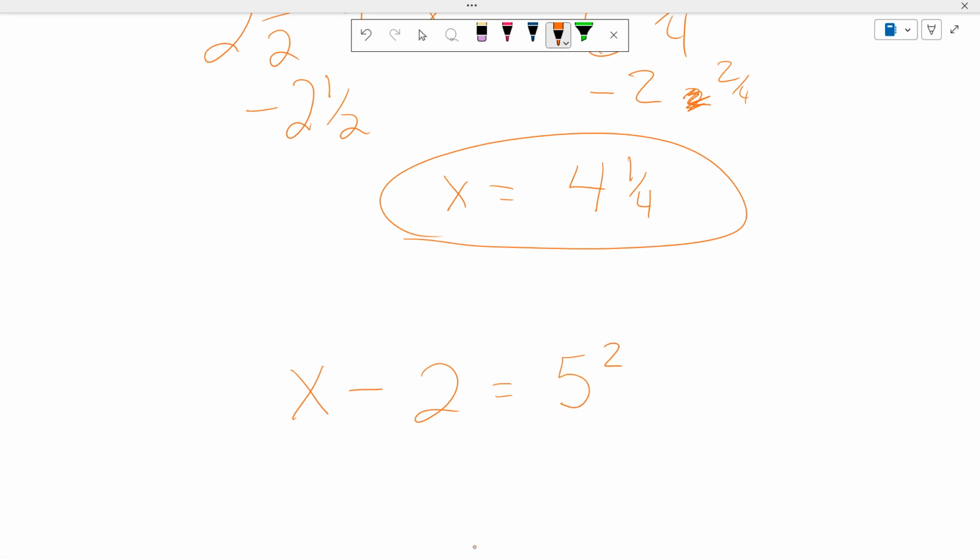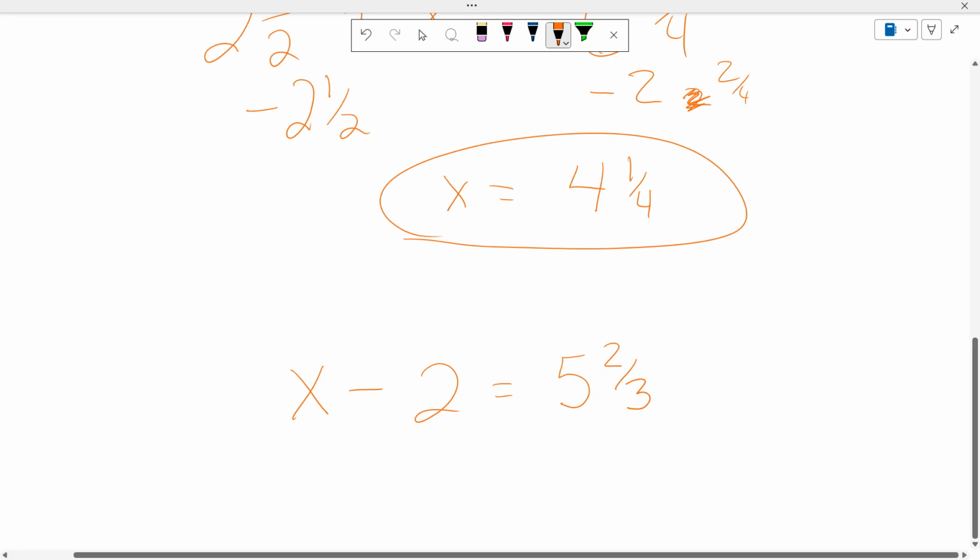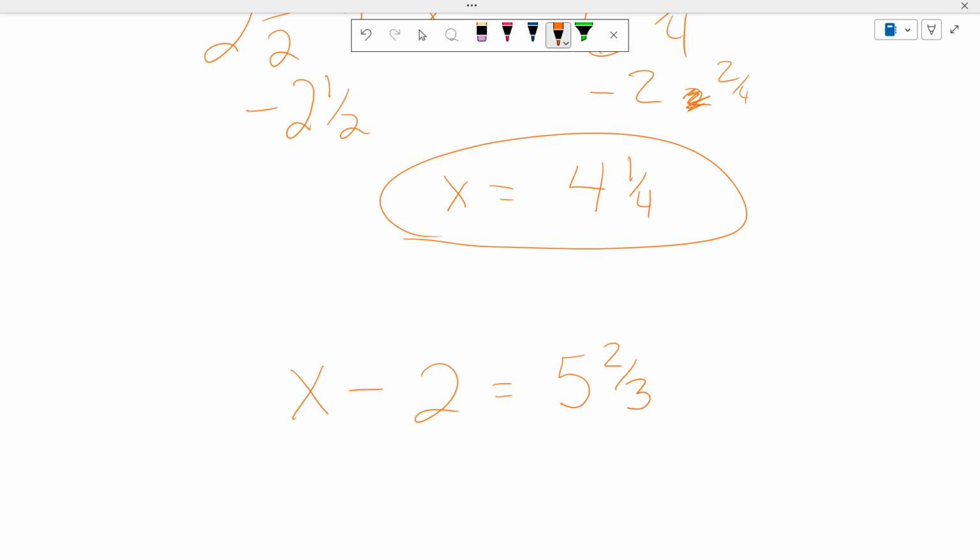This one, you may answer, Blake. What would you do to both sides first? Subtract 2 from both sides? Actually, Anthony says add 2 to each side.